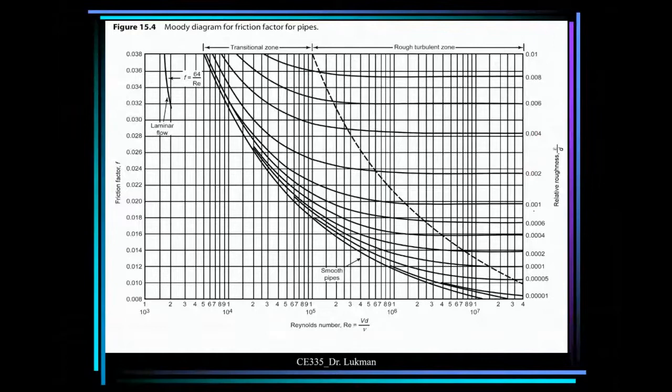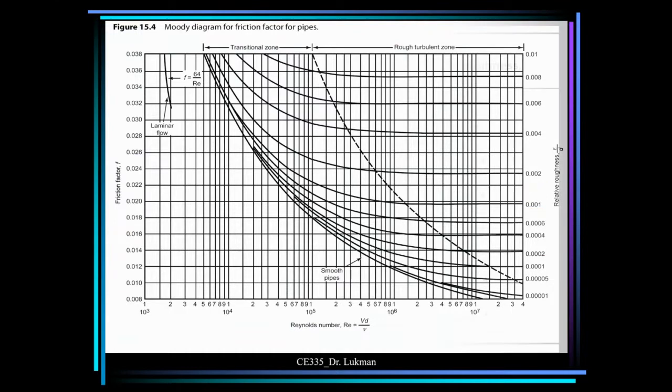So where is it going to be? This is 0.001 and this is 0.002. So where is 0.0016? So 16 will lie somewhere more than halfway. Maybe somewhere here. Okay. And then what about the Reynolds number?